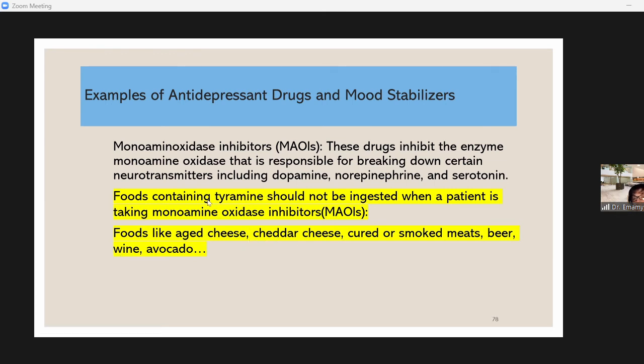That is dangerous. Also, a patient who takes monoamine oxidase inhibitors cannot take many other drugs, like, for example, beta agonists for treatment of asthma. The patient cannot take albuterol. The patient cannot take other antidepressants because they all have interaction with monoamine oxidase inhibitors.